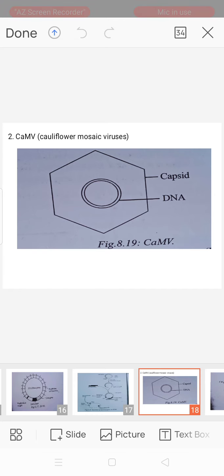It is a gene cloning vector for plant cells and it consists of an outer capsid and inner DNA. It infects the members of Cruciferae and Solanaceae and it is transmitted by aphids.